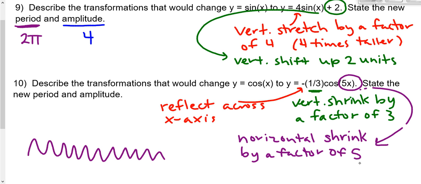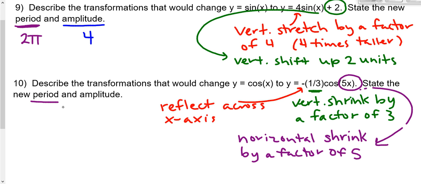Okay, so now let's take a look at the period and the amplitude. Remember, the period is the width of a cycle. Shrinking it horizontally is going to change the width of the cycle. So we're making 5 times as many curves in the same amount of space. So that means the period is going to be what it originally was, 2 pi, divided by 5. 5 times as many of those curves are happening.